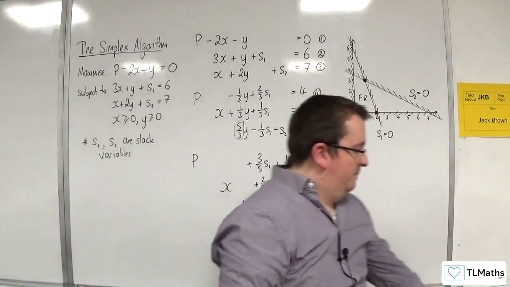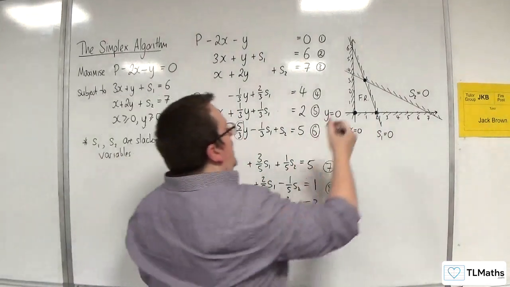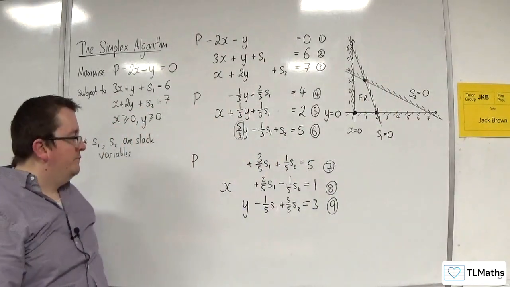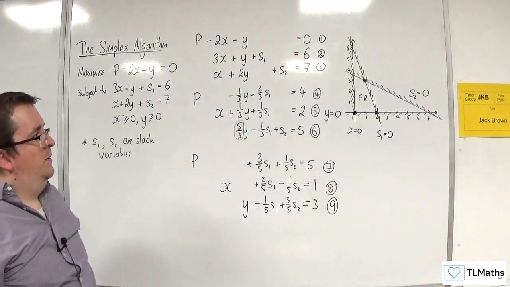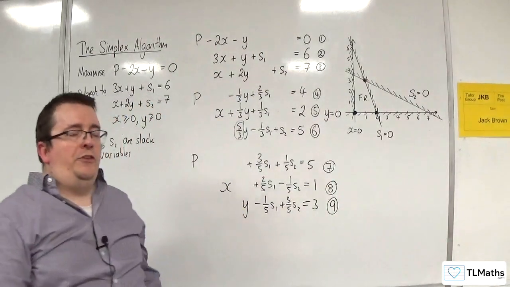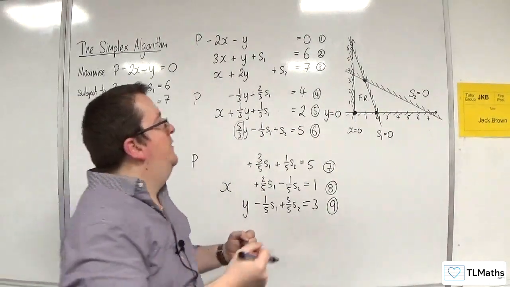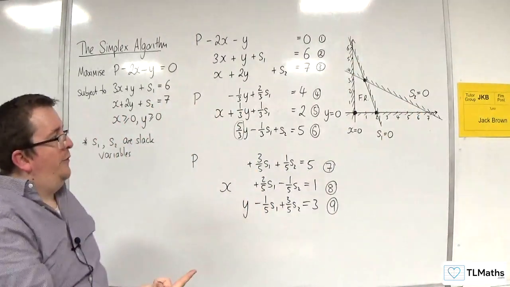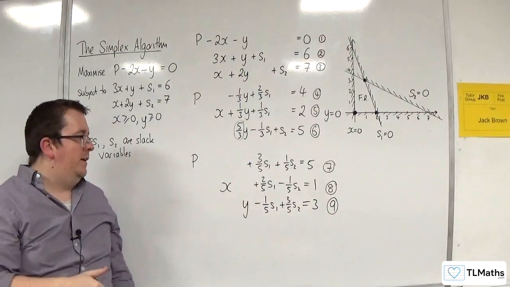Okay, right. So at this point, I am now at that corner, at that vertex. At that point, the S1 and S2 are non-basic, because that is where those two lines are intersecting. So S1 and S2 are non-basic, whereas X and Y are basic.